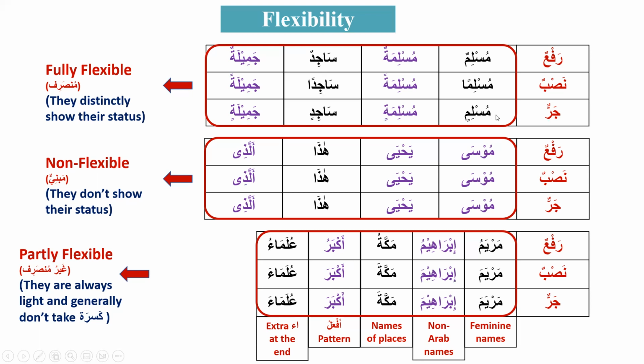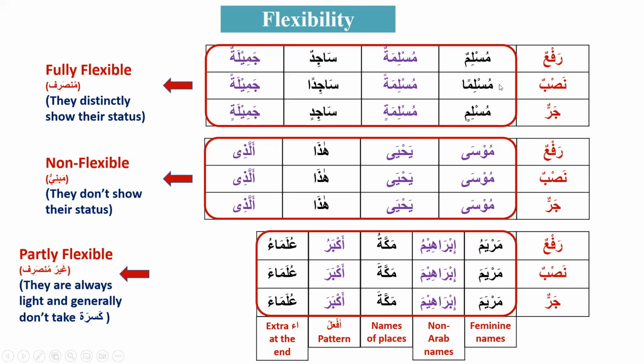So when you know the status, then that will help you in understanding the role of the word in the ayah. If you don't know how to identify the status, it will be almost impossible to establish what role this word is playing in the ayah.